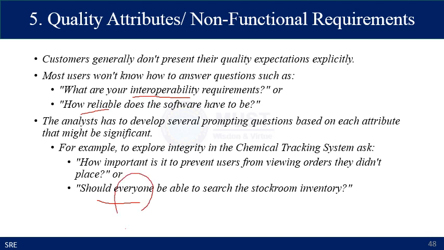Now this can be placed as a quantitative measure, and how important can be scaled from 1 to 5, with 1 being very important and 5 being very less important.